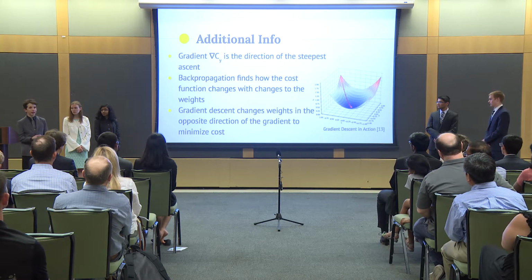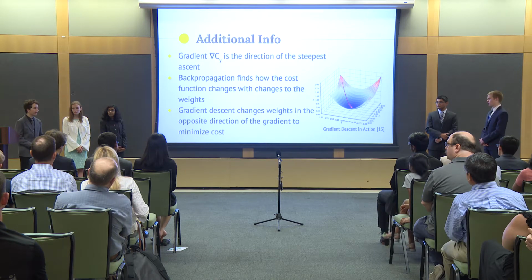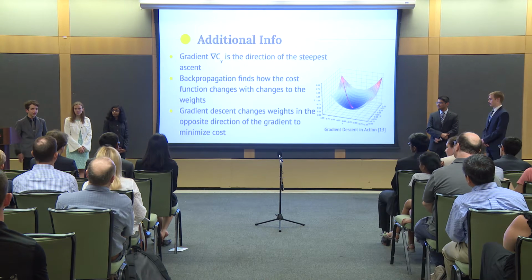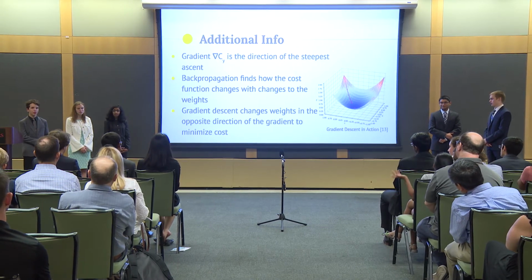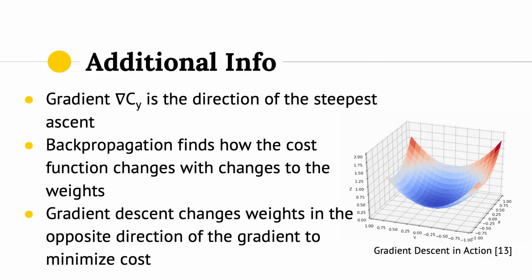And in order to actually calculate or in some cases approximate the gradient, backpropagation is used, which is a technique that uses the multivariable chain rule to work backwards through the network. Depicted there is a very beautiful animation of how gradient descent would take steps in the direction of the negative gradient to minimize the cost function.